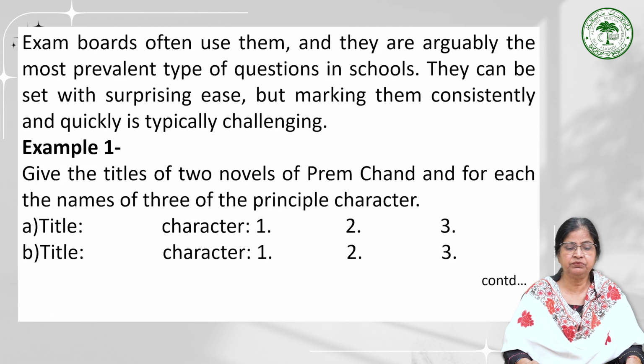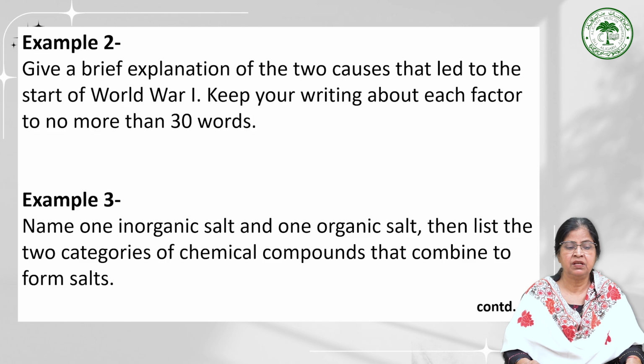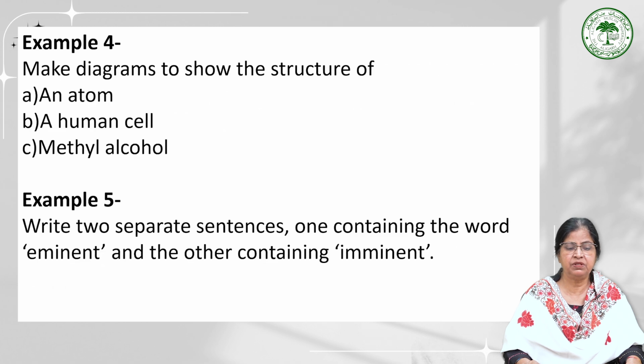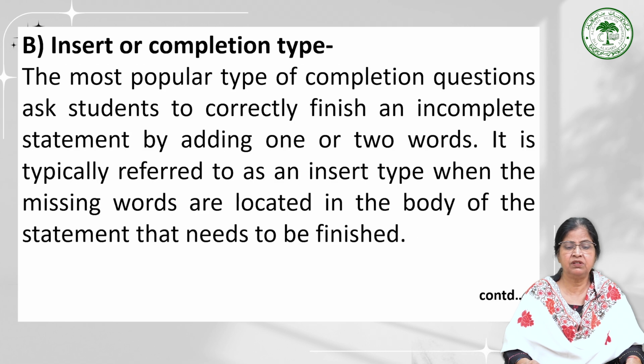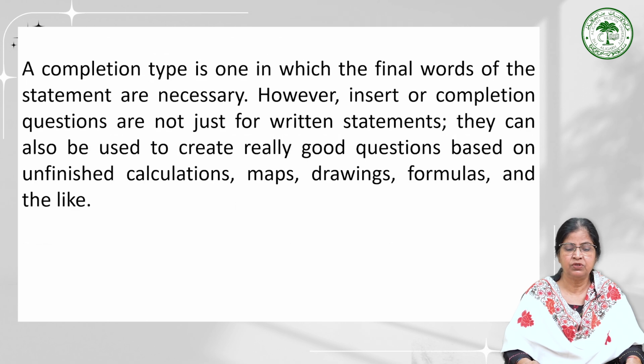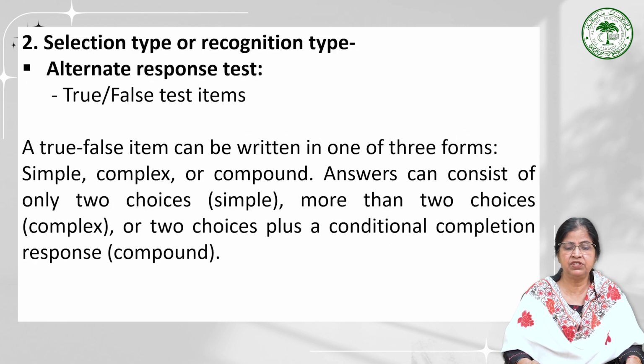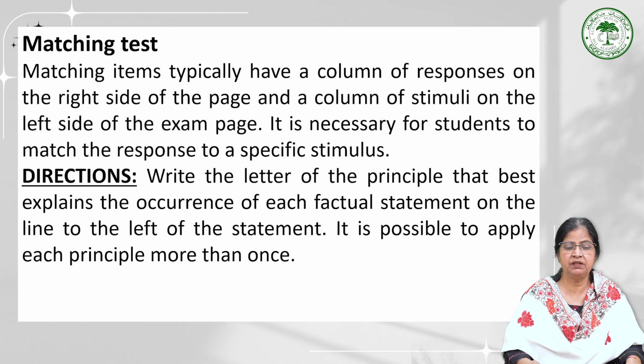So, these are the examples that I have given: example 1, example 2, example 3, example 4, example 5. Insert or completion type, where a few words are supplied by the students. Selection type or recognition type, where true and false items are here.